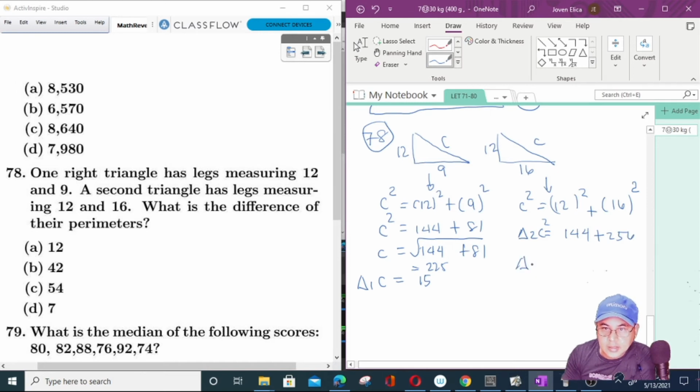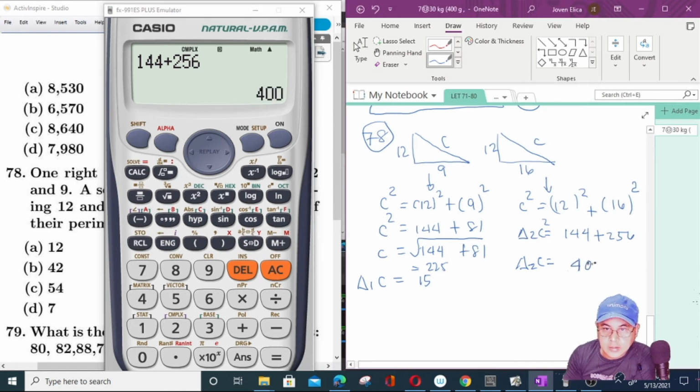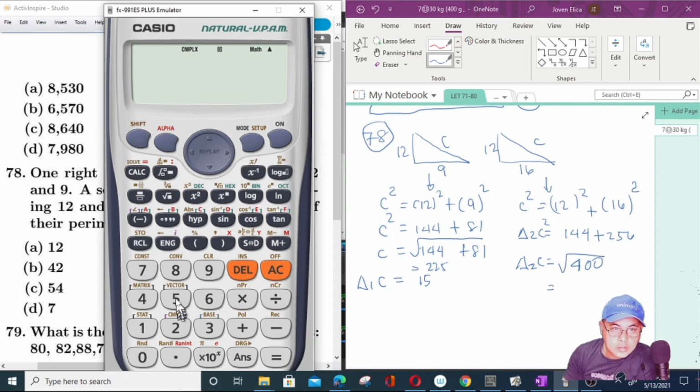The second triangle's hypotenuse is equal to the square root of 144 plus 256, which is equal to 400. The square root of that is equal to 20.